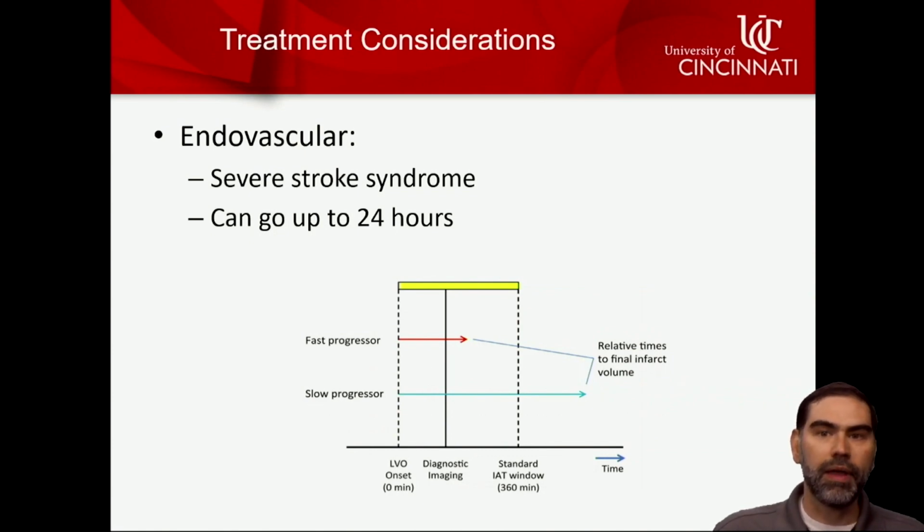So the bottom line is that if you do end up assessing a patient with acute stroke, even though it seems like they might have a contraindication based on time, still having them go to a stroke center is important, because they might be eligible for a thrombectomy. They might actually be eligible for thrombolysis as well.